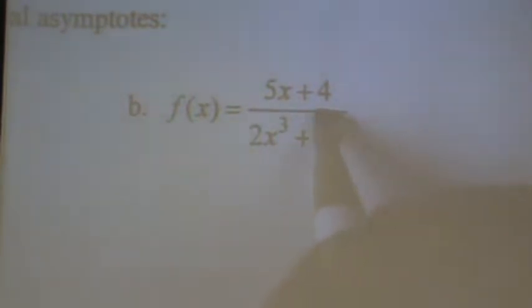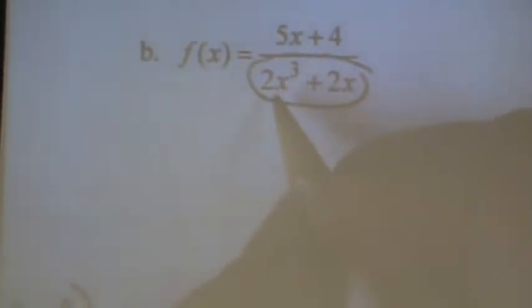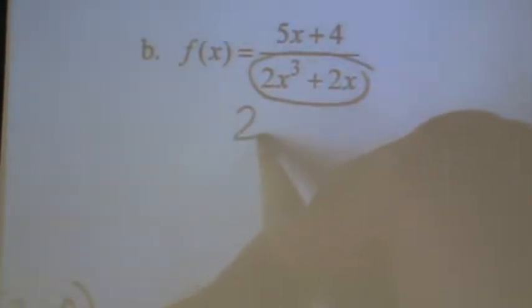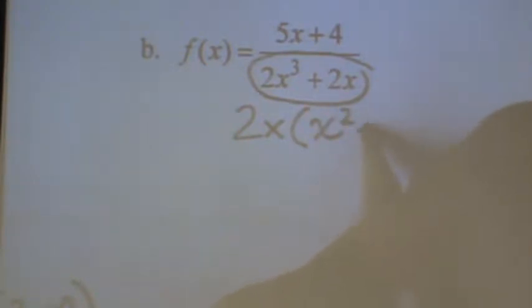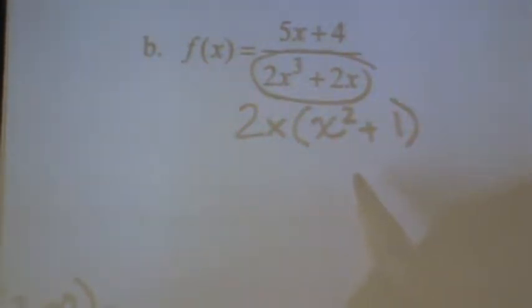Let's try another one right here. Letter B. I need you to find the domain. Look at this right here. I need you to factor that. What do you pull out of 2x cubed plus 2x? 2x. What's left? x squared plus 1. Now, can you factor x squared plus 1? No, thank you.